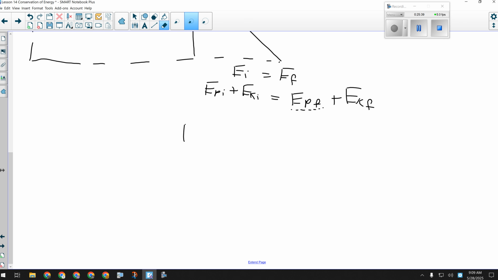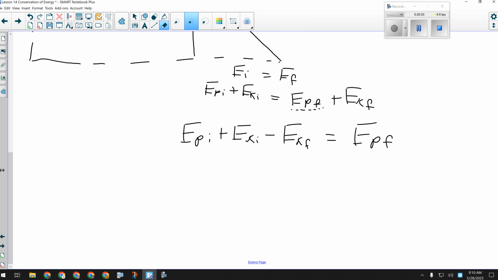So what I'll have is initial potential plus initial kinetic minus the final kinetic. Mechanical energy minus kinetic should leave me with potential energy. Now I want to blow this up, not in a bad way, I want to make it bigger.